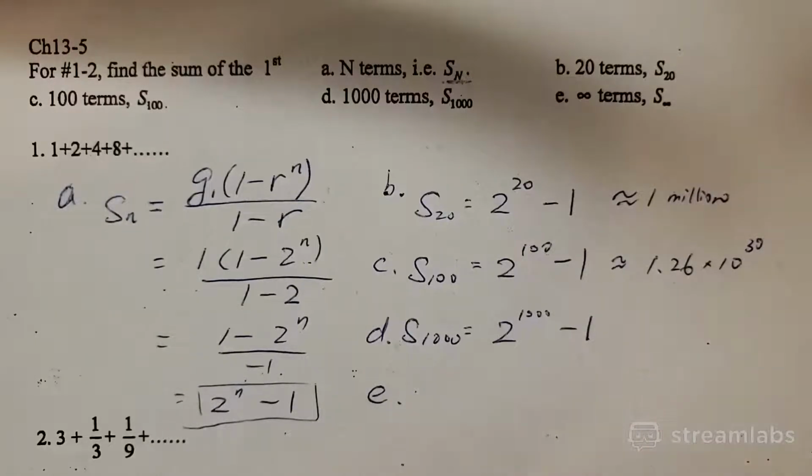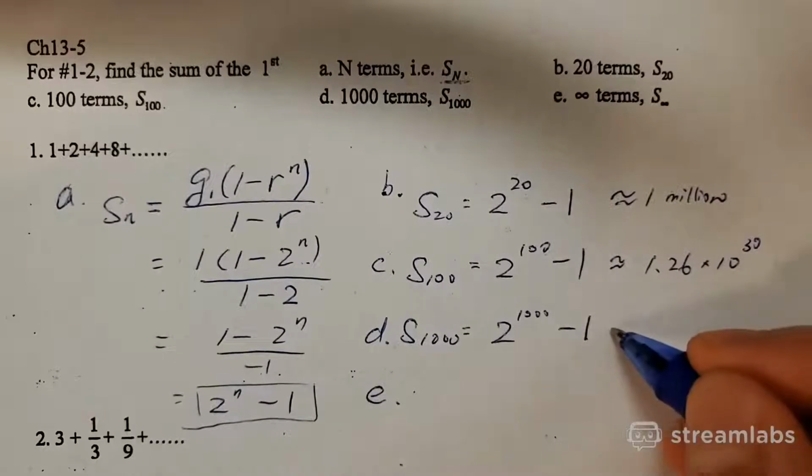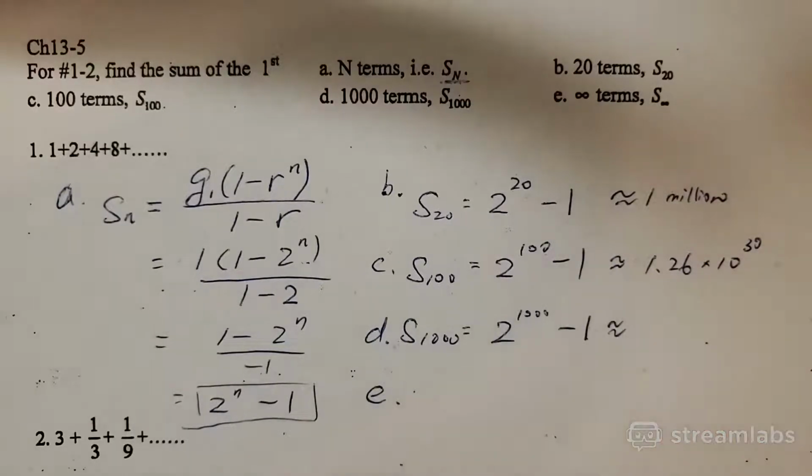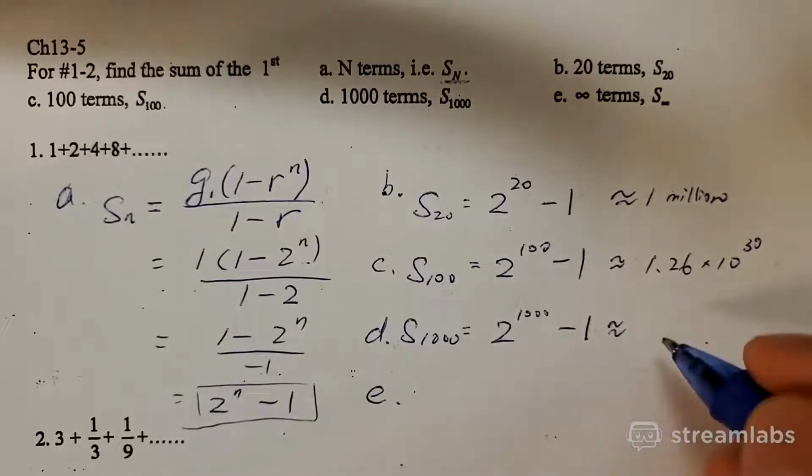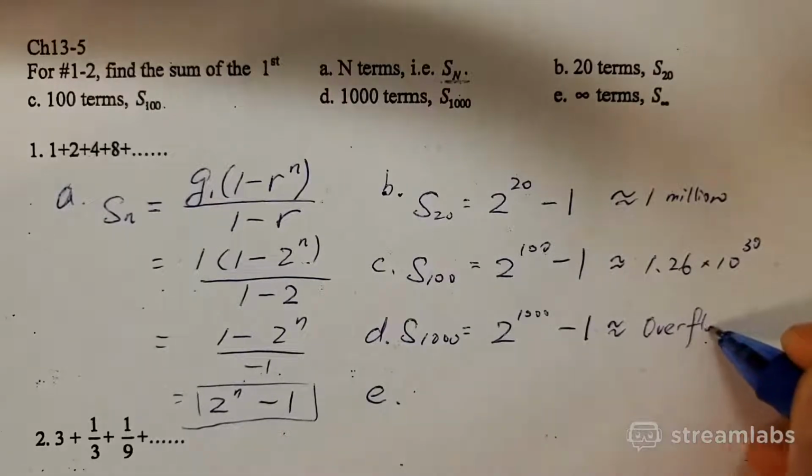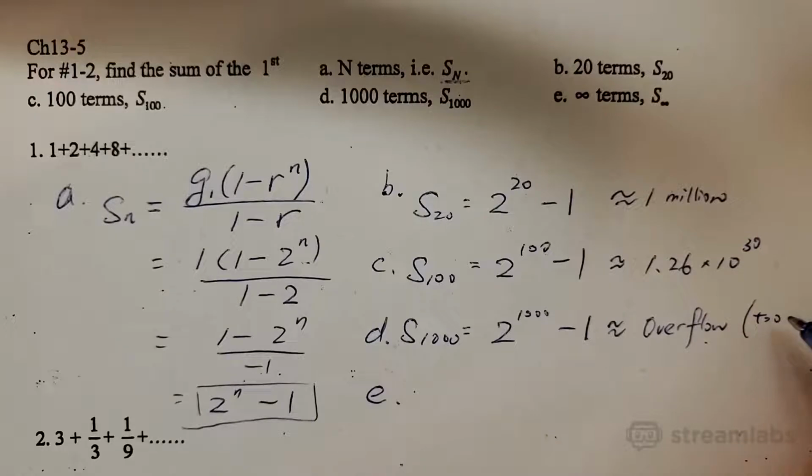And if you do 1,000, it says overflow, which means too big.